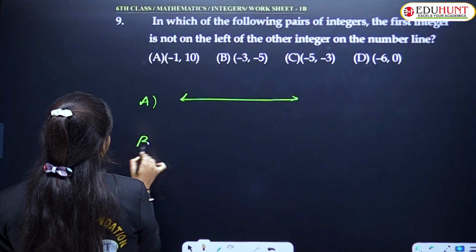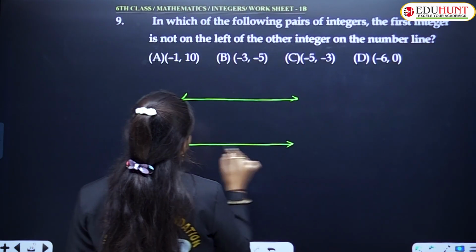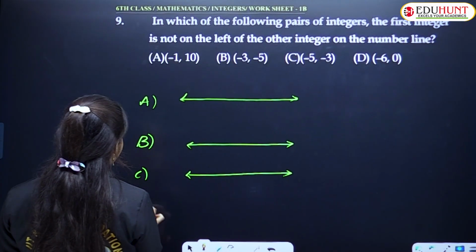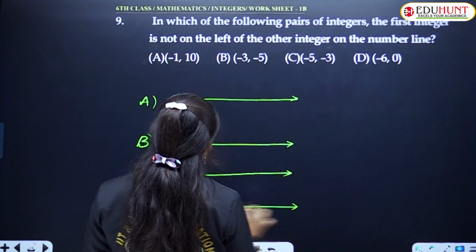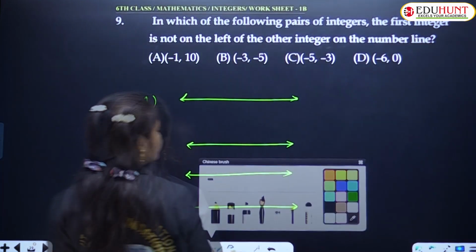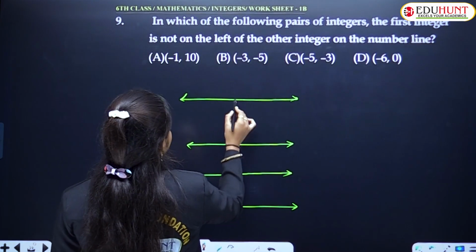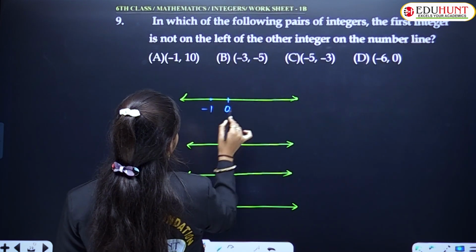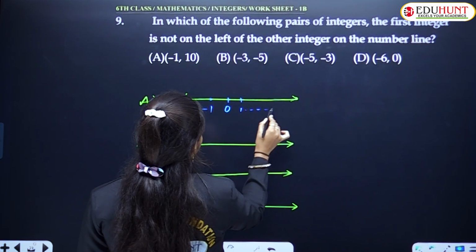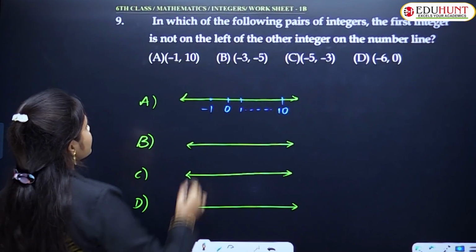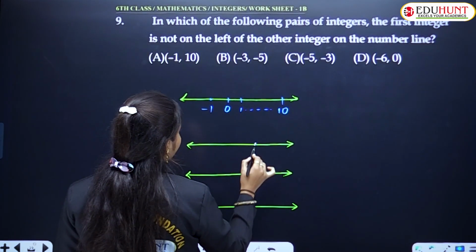Option A, option B, option C, option D. Okay, just observe the number line. See here, minus 1 and 10. Here 0. Here minus 1. 1 after, and here this is 10. Clear? Next, the second one. Minus 3, minus 5. Here 0.